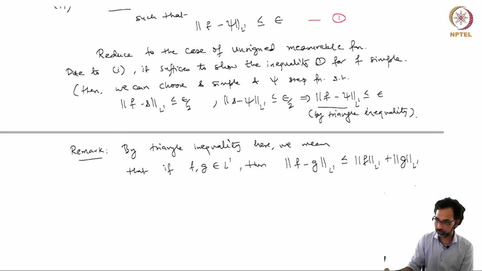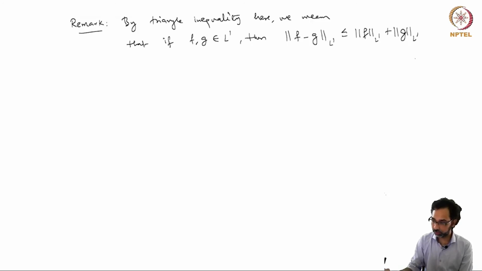So it suffices to show the case when we have reduced it to f simple, and now we further reduce it to the case when the simple function is a single indicator function of a measurable set of finite measure.